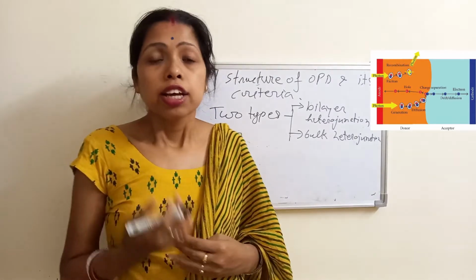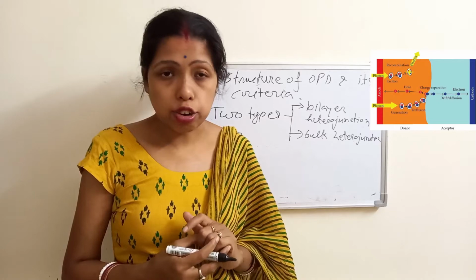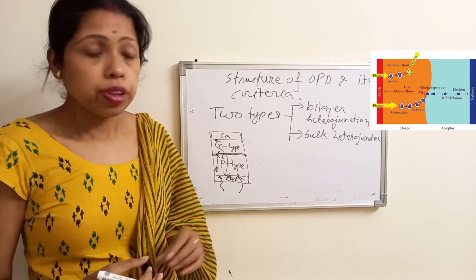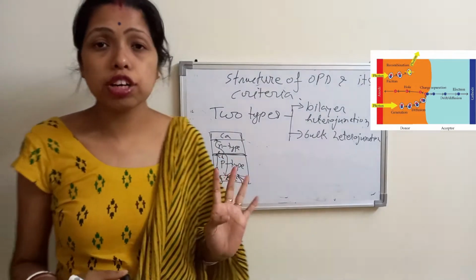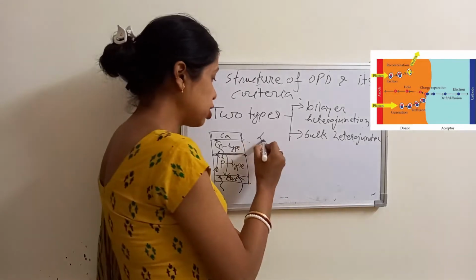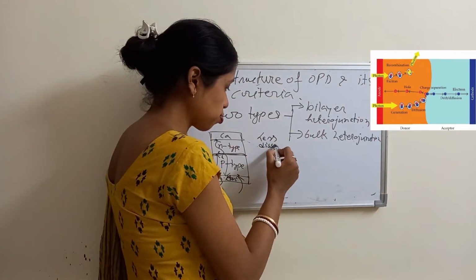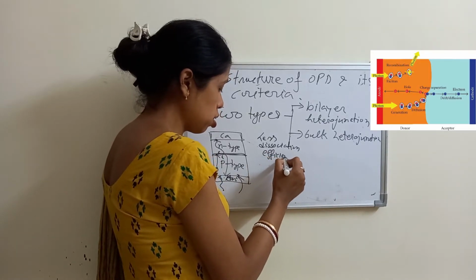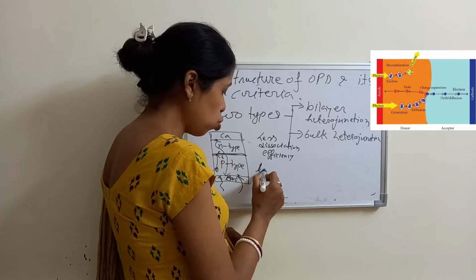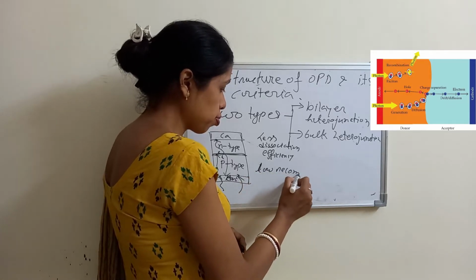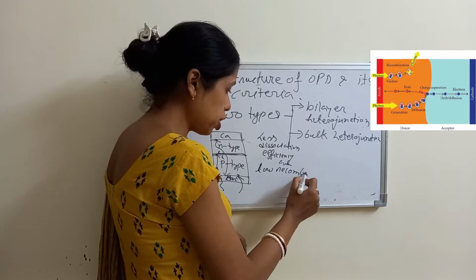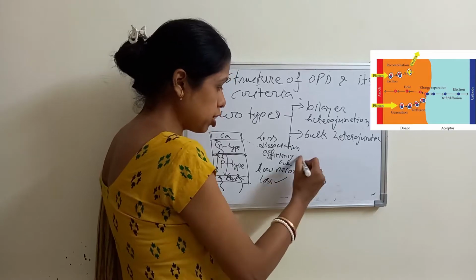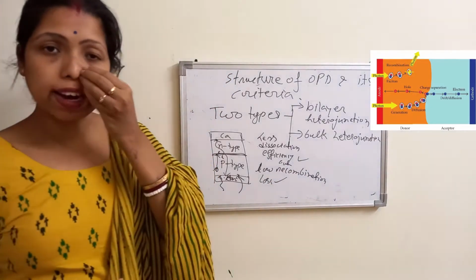So this is the advantage of the bilayer heterojunction: less recombination loss. But the disadvantage is lower dissociation efficiency.